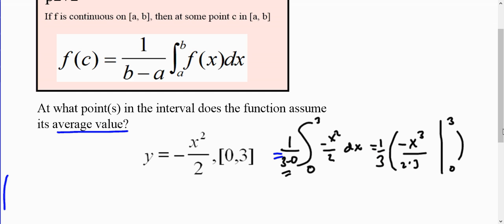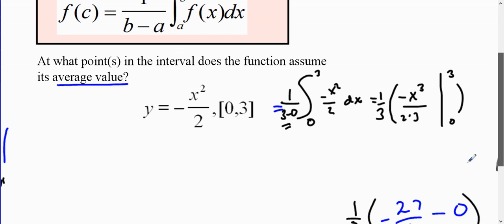What we have then is negative 3 cubed divided by 6, minus, we plug in 0 there, negative 0 over 6, which is just 0.